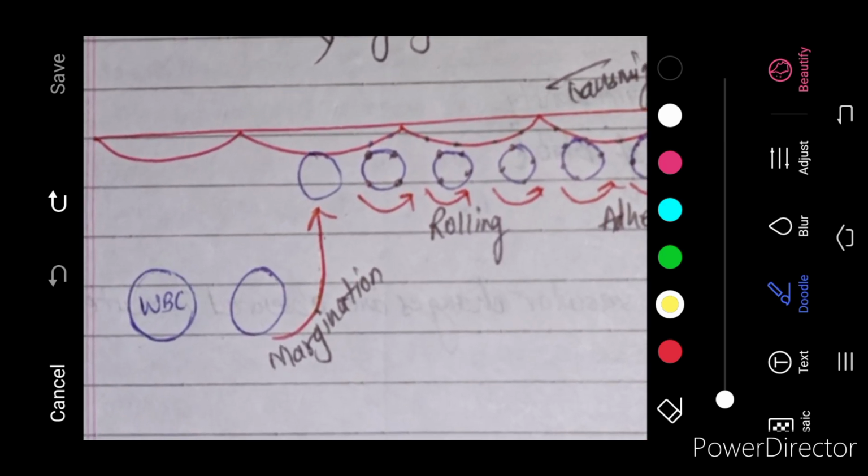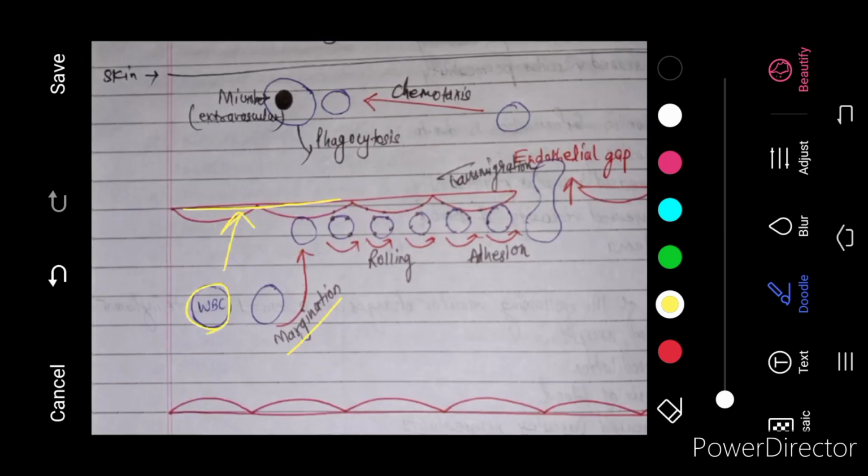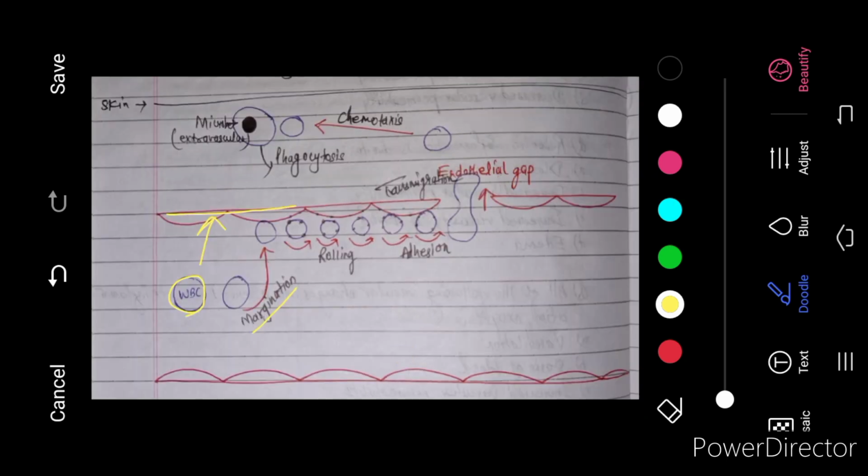The first thing, WBC has to leave the center and travel towards the margin or periphery of the blood vessel, and this process of leaving the center and moving towards the periphery of the blood vessel is known as margination, and this is also known as reverse axial blood flow. That is, everything is coming towards the periphery due to acute inflammation.